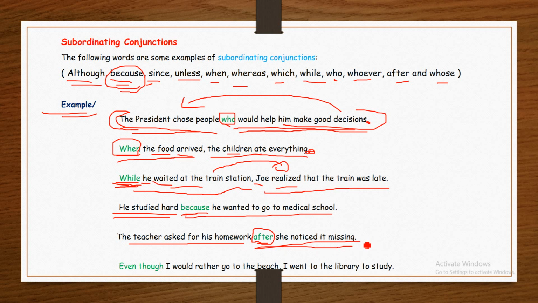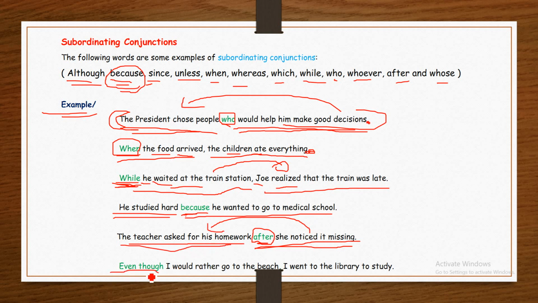And we know the clause that contains a subordinating conjunction is a dependent clause, which does not form a complete thought. The meaning is not complete. The meaning of this clause is dependent on the independent clause. This is the independent clause.